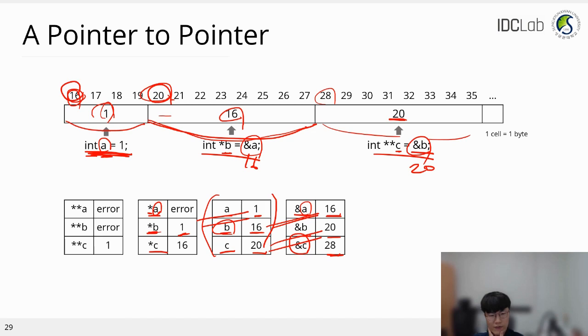Dereference C, this means C holds 20, and we go to the memory address 20 and read the value, which is 16. So 16. So you can see these values are the same. Dereference A. Dereference A doesn't make sense.